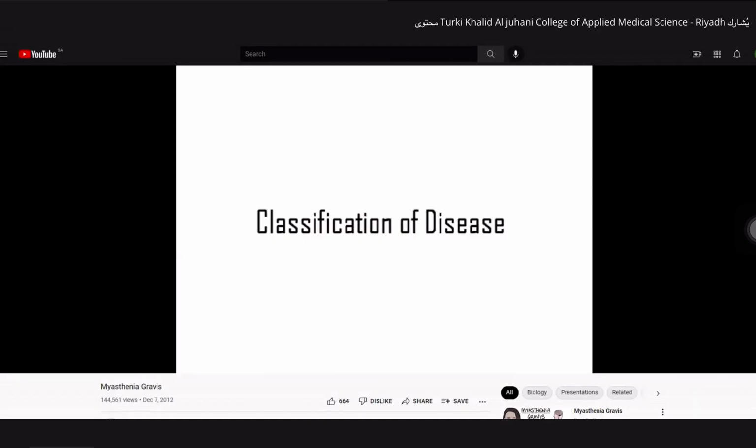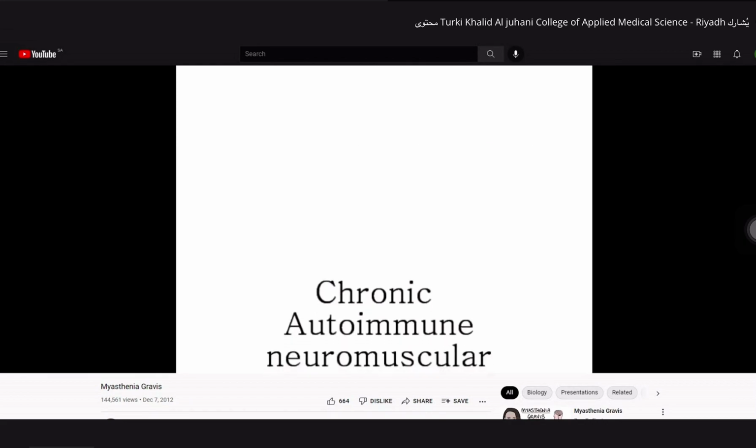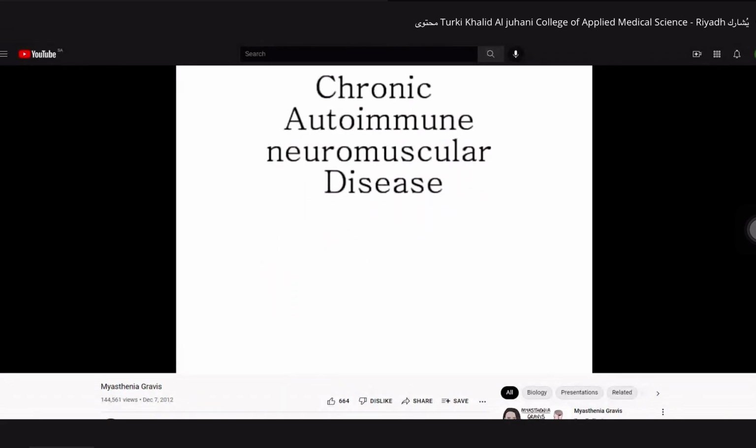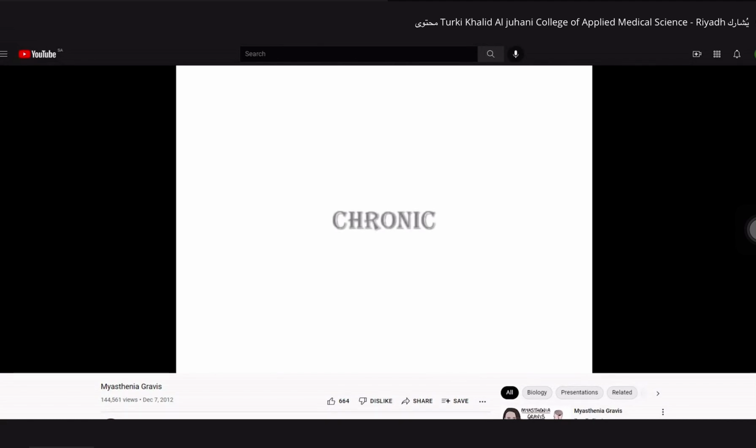Classification of disease. What is myasthenia gravis? Myasthenia gravis translated means grave muscle weakness. It is a chronic autoimmune neuromuscular disease. That's a bit of a mouthful, so I'll break it down so that you can better understand its meaning. First is chronic, which describes an illness that lasts for a long period of time or is reoccurring but not always fatal.